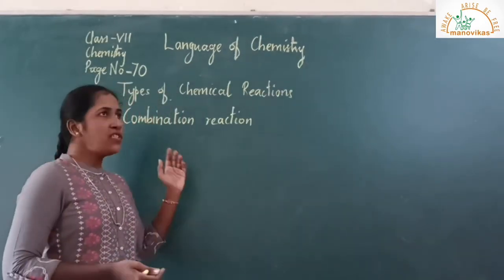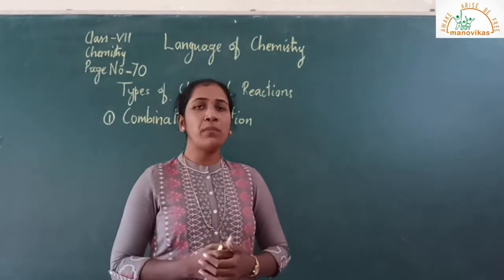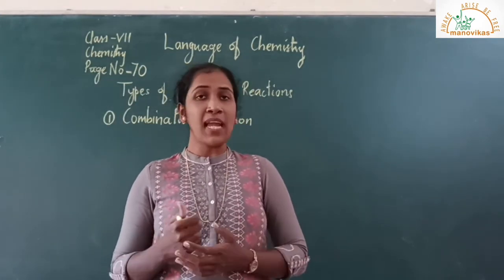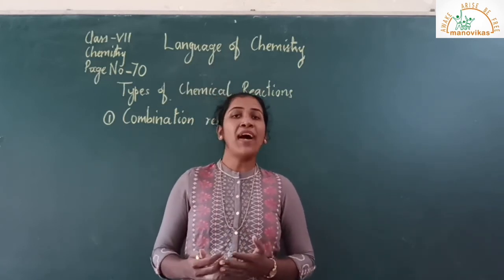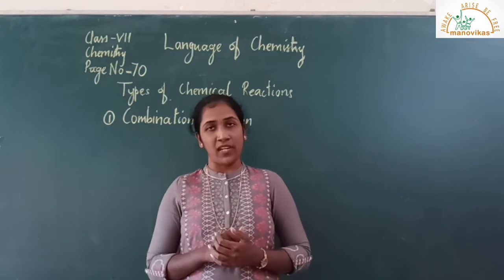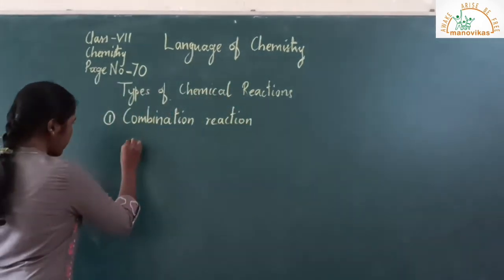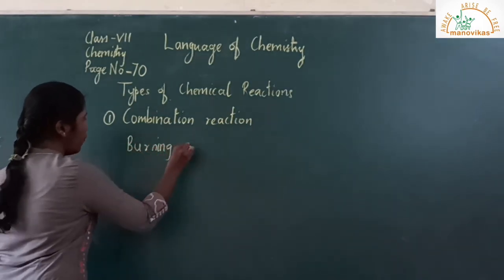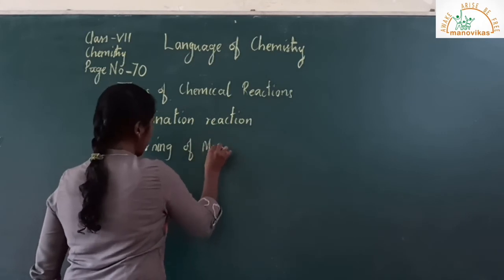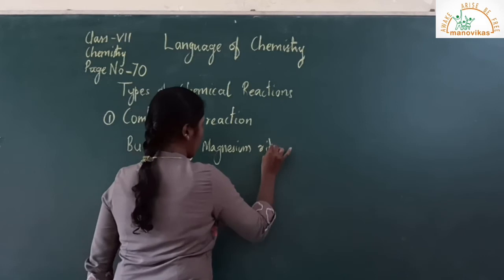Now let us study the first type of reaction, that is combination reaction. What do you mean by combination reaction? It is a chemical reaction in which two or more reactants combine to form a single product. Okay. Now here let's take an example. First one is burning of magnesium ribbon.